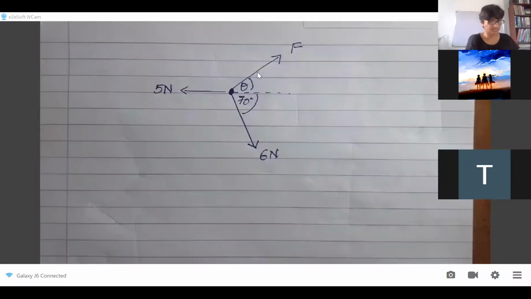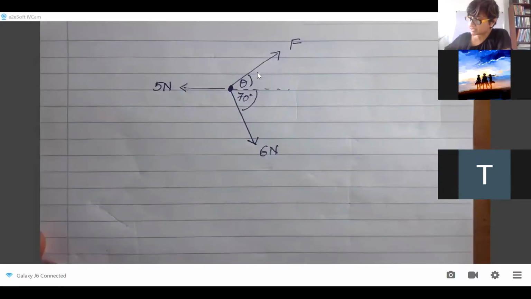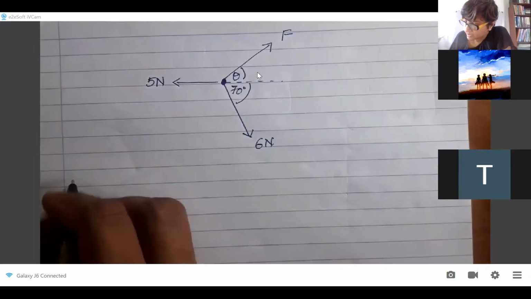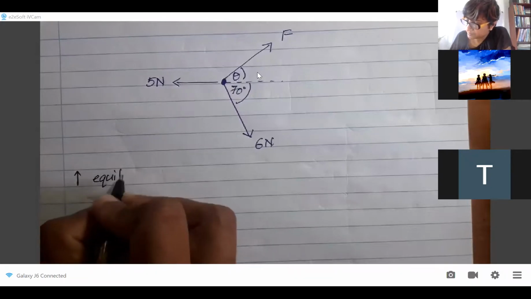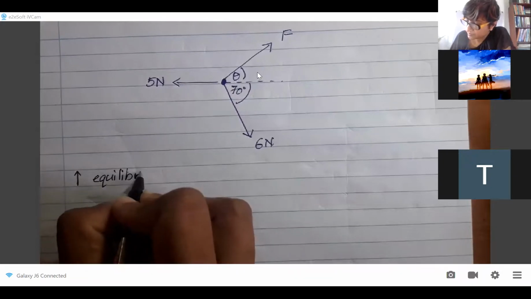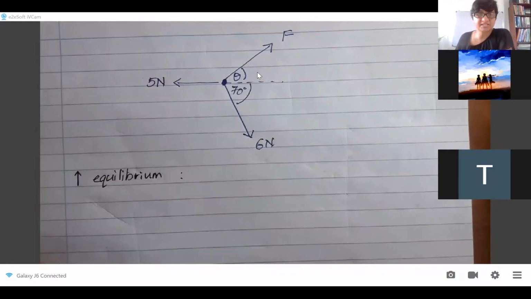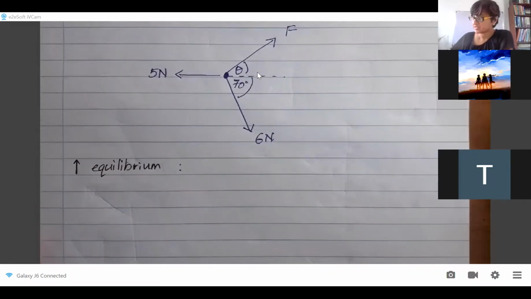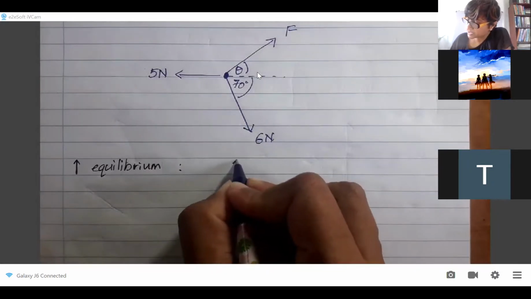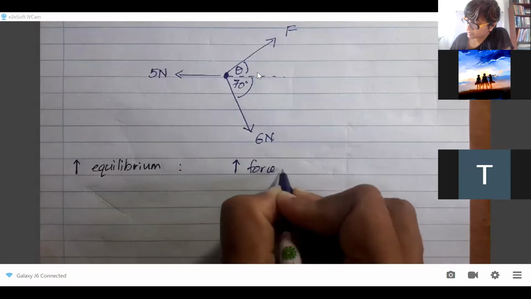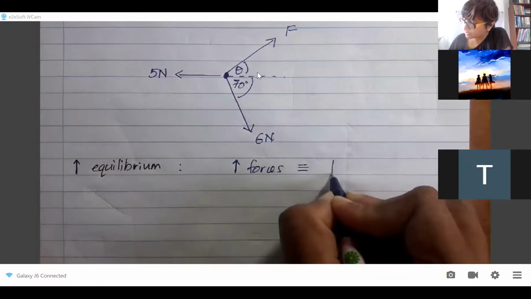So if you consider vertical equilibrium, total upward forces must equal the total downward forces.